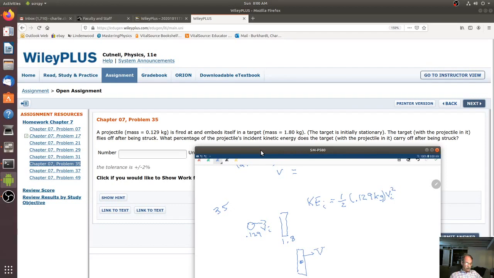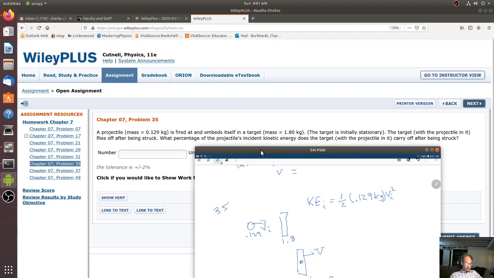And so quite similarly, I don't know what the final velocity of this thing is, but I do know its mass. It's 1.8 plus 0.129. I'm going to add those together, and I would get 1.929.